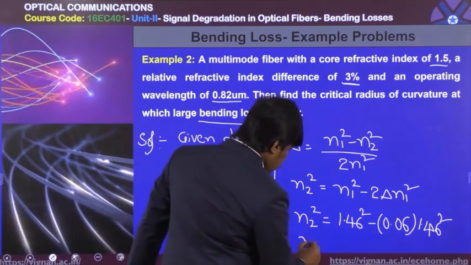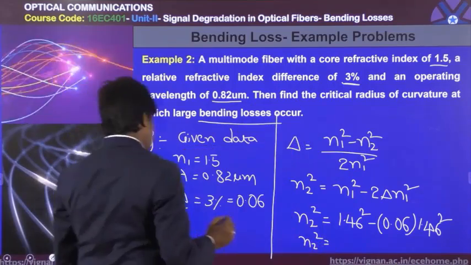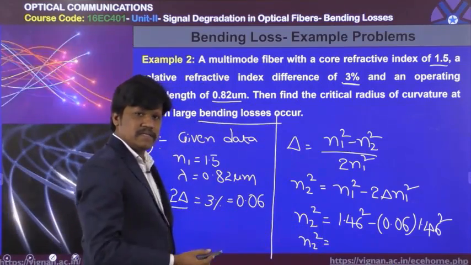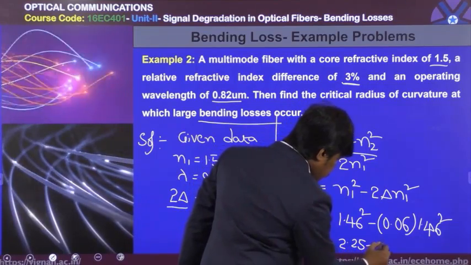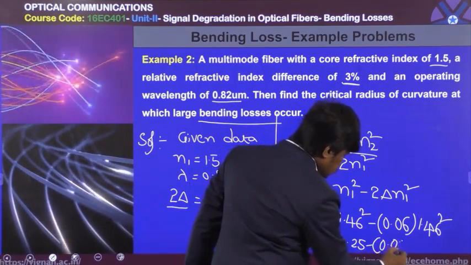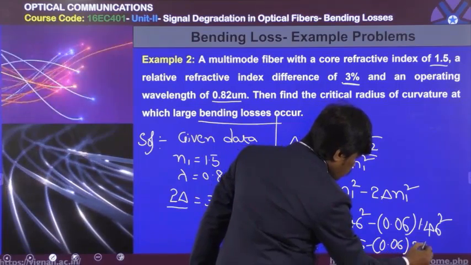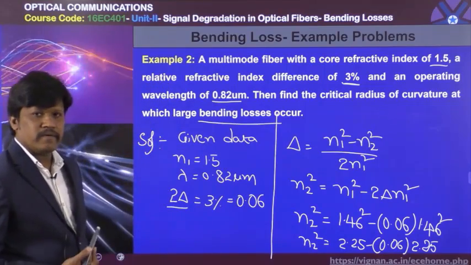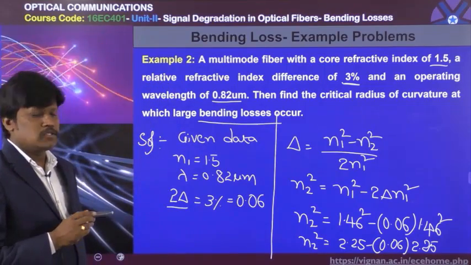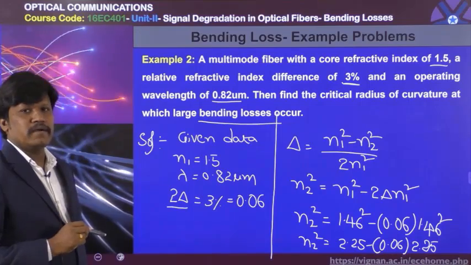So n2 square is equal to 2.25 minus 0.06 into 2.25.